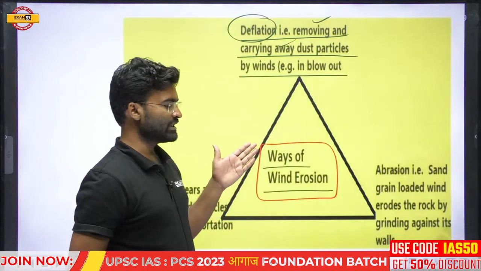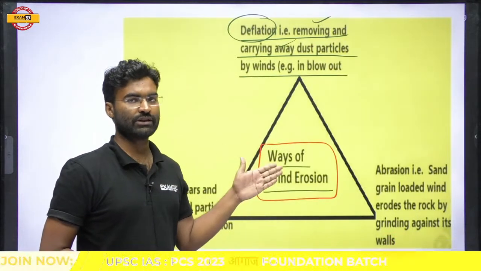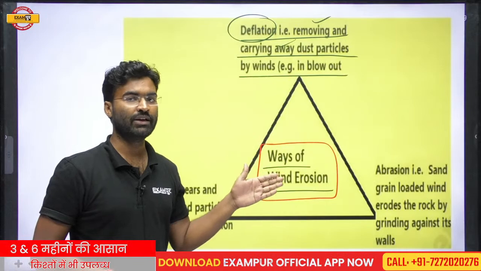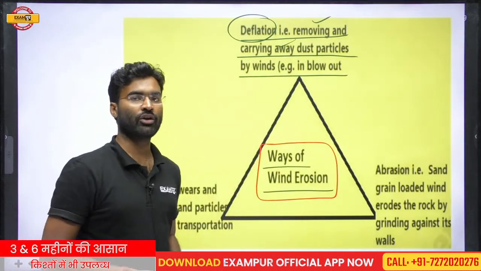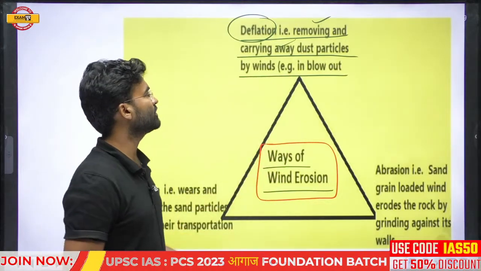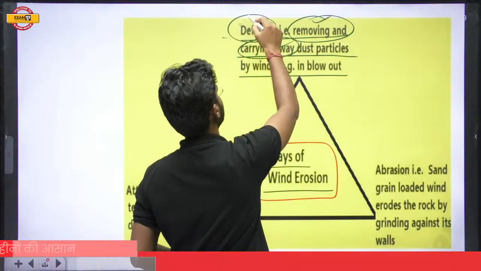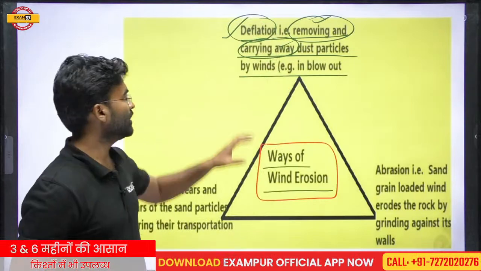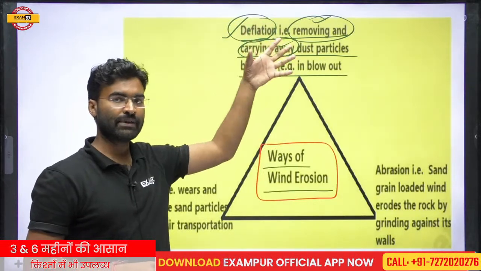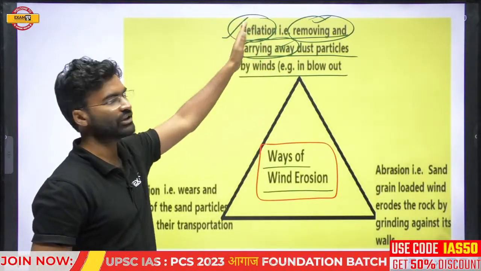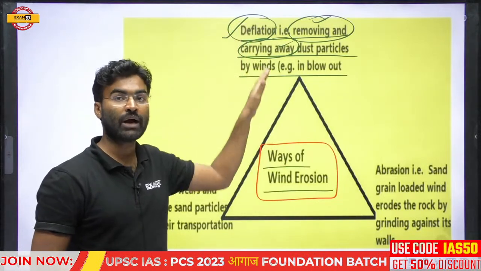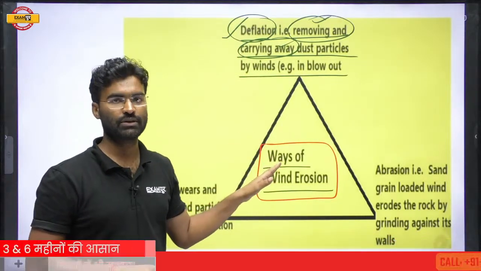If the wind is moving with velocity, the dust particles move along with the winds. So this is the removing and carrying away of dust particles. This is called deflation. If you write this, and the copy checker sees deflation, he understands that you have an idea about wind erosion.